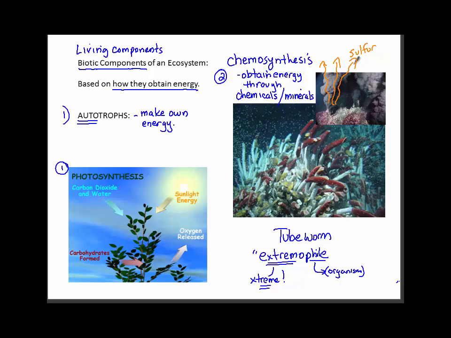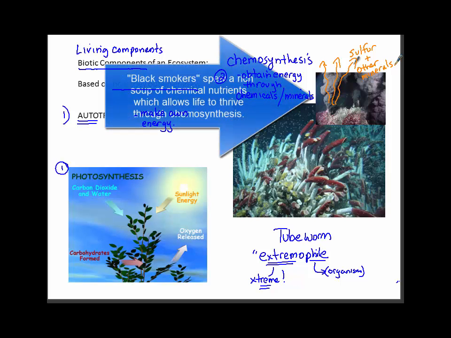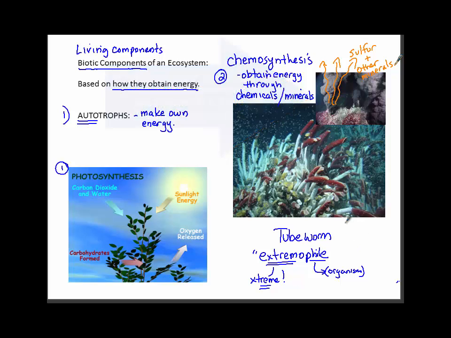The tube worms take the sulfur out of the water and use it for energy through chemosynthesis. It's very interesting because these extremophiles make up almost a third of the life on the planet, and we didn't really know about them until fairly recently.